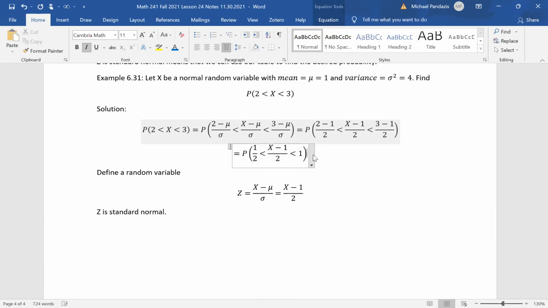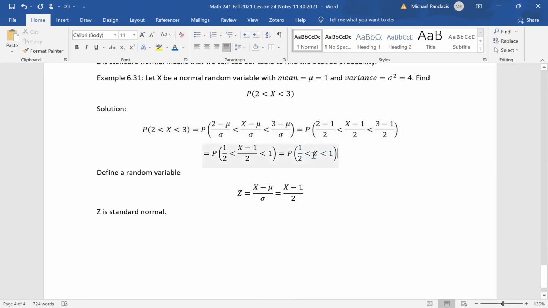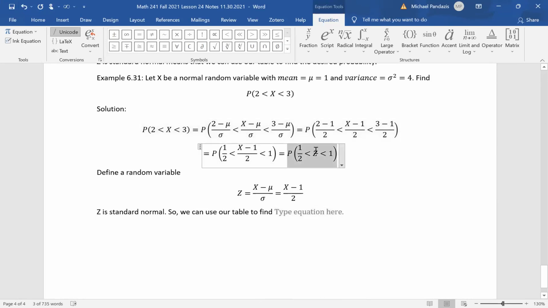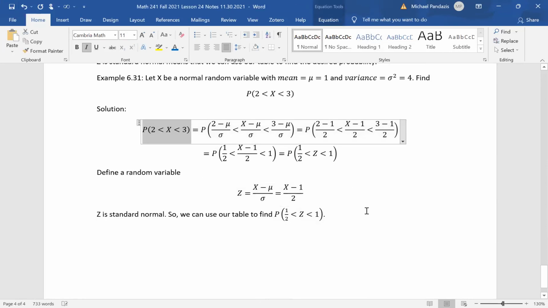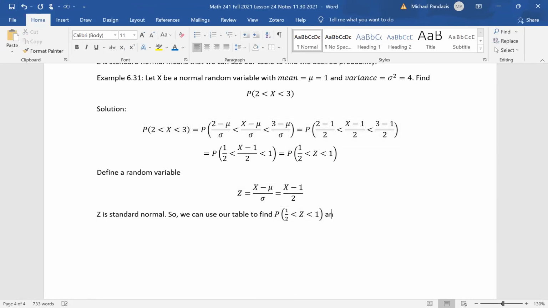So this is equal to the probability that 1/2 is strictly less than z, our new random variable, strictly less than 1. And so now we need to find the probability of an interval of standard normal values. We can use our table to find this probability, and when we find this probability, it's equal to the original one, and we're done.